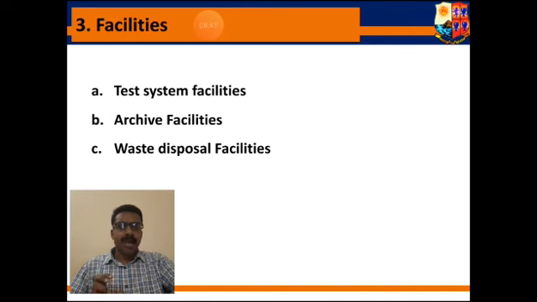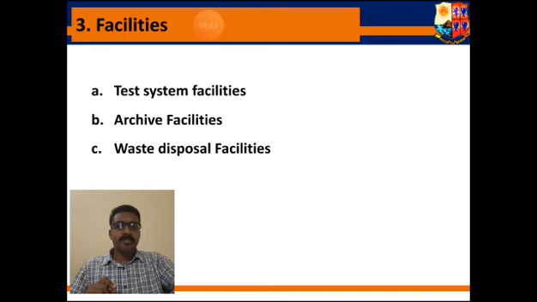Coming to the archive, facilities should be provided for the secure storage and retrieval of study plans, raw data, final reports, then samples of test items and specimens. Archive design and archive conditions should protect contents from deterioration.